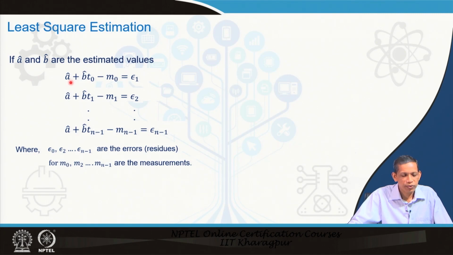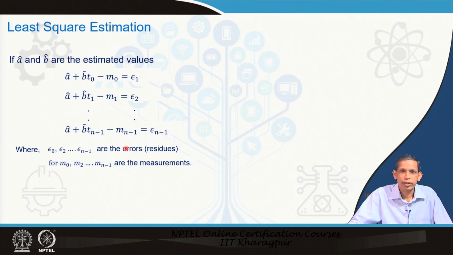In the same equation we can fit the system equation like this: A hat plus B hat t naught minus m naught equals an error, which will be there because the estimated values will not exactly match A and B. That will be epsilon 1, and like that for the other measurements we write epsilon 2, epsilon 3 and so on. With the measurements m naught through m n minus 1 and times t naught through t n minus 1, we have n measurements, so we have n errors, E naught through E n minus 1.